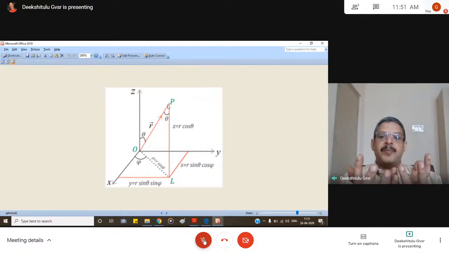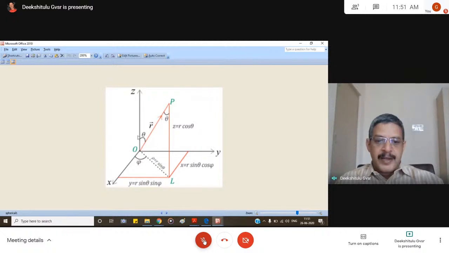As theta goes from 0 to pi and phi from 0 to 2 pi, in the xy plane a circle is formed. So that's how spheres are formed.